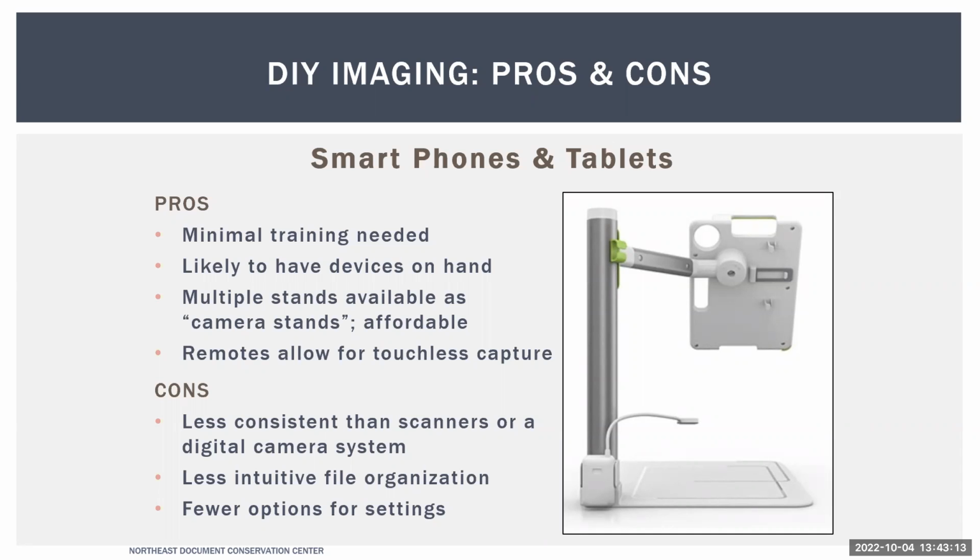If you're going out into the field, or out into your community for a community scanning day, this could really be a great option. The stand that we see here in this slide holds a tablet steady over an item that is placed on the base. You can see that small arm on the bottom is a built-in LED light source.